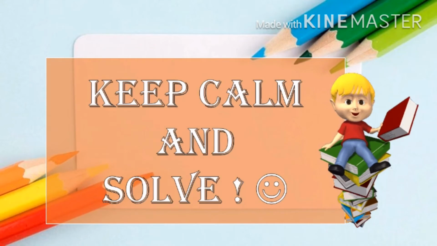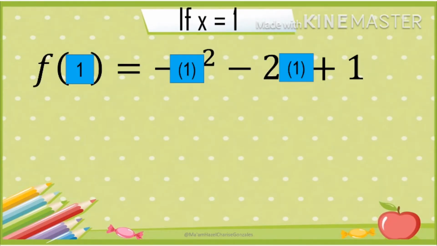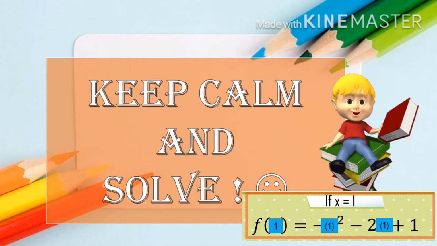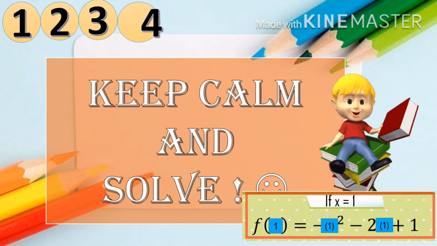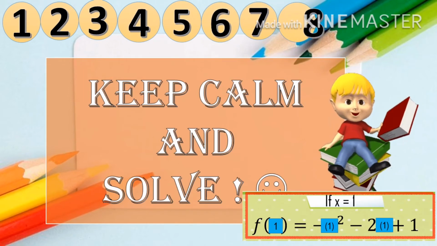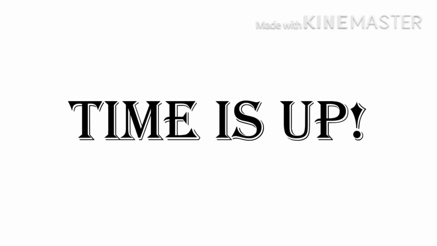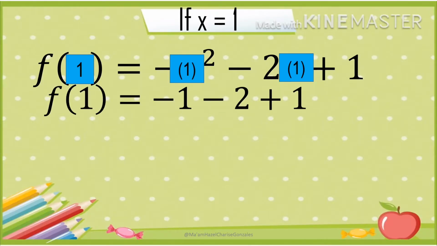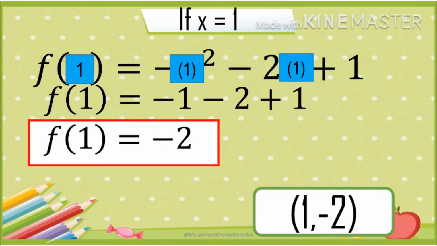So, let's keep going. Another, what is the function value of x equal to 1 in the given quadratic function? Your timer starts now. Time is up. The value of y when x is equal to 1 is negative 2. Then we have 1, negative 2 as an ordered pair.